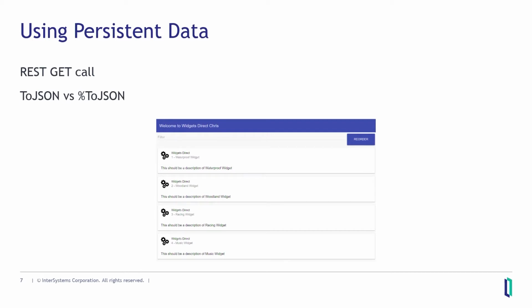Our utility method is going to take the data from our class, open up an object, and put the fields or the properties we care about into a dynamic object. And then the %ToJSON takes that dynamic object and converts it into a JSON formatted string that we can send back to the client. I know they're named the same. It makes sense to me because they work together for the same purpose, and the % one is the system one. You can name your custom one whatever you want, but this is what makes sense to me, so this is what I've used here.